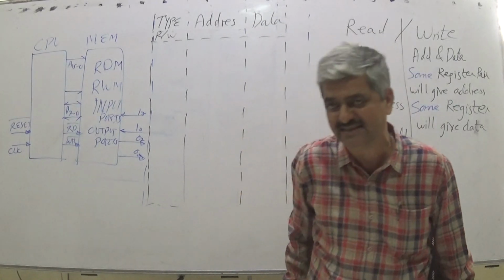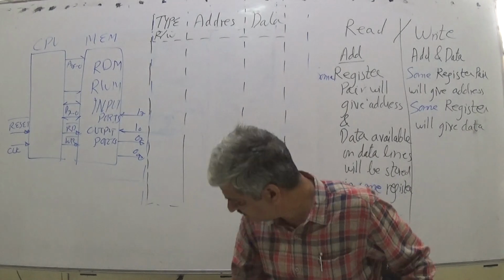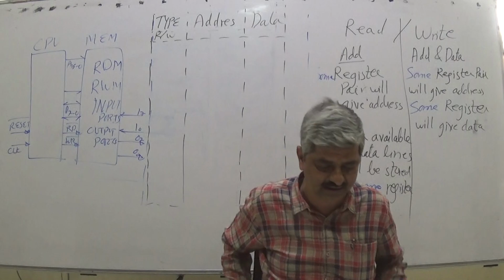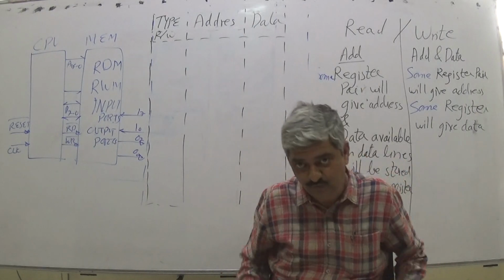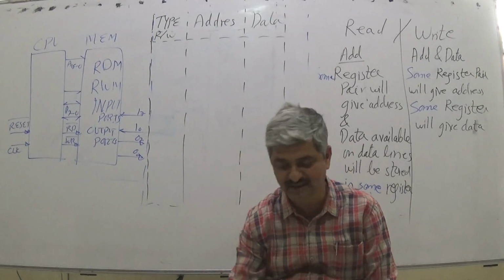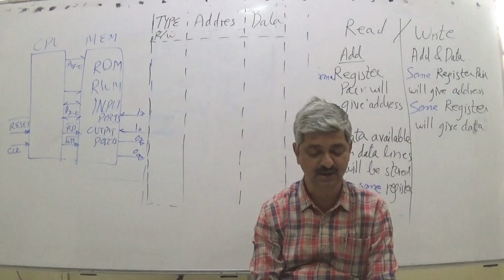So after reset, should the first cycle be a read cycle or a write cycle? You can pause and think, because it's a very fundamental question. Then you can resume.